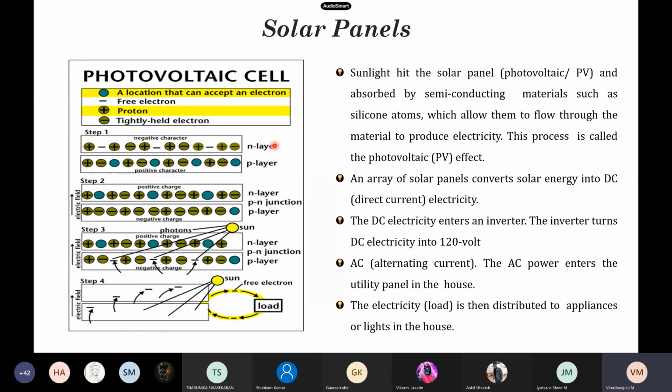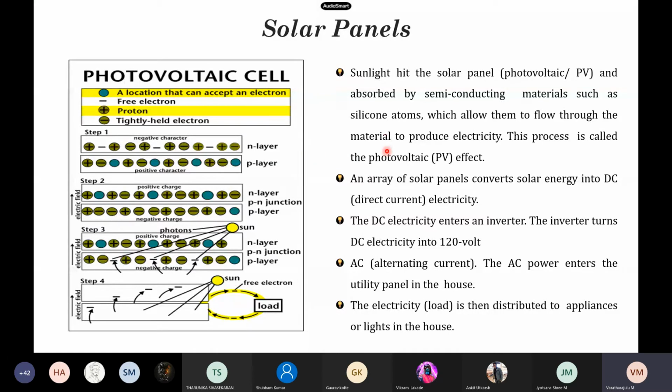P is positive charge, N is negative charge, and charge distribution near the p-n junction gives rise to an electric field, and hence a potential difference across the junction. If an external load is applied, this charge difference will drive a current through it. The current will flow so long as the sunlight keeps generating the electron pairs. And this is what happens in the case of a photovoltaic cell.